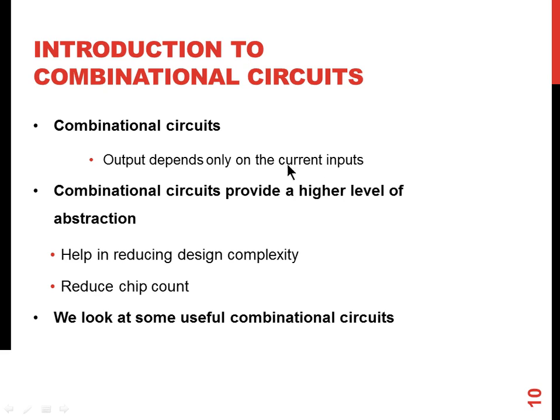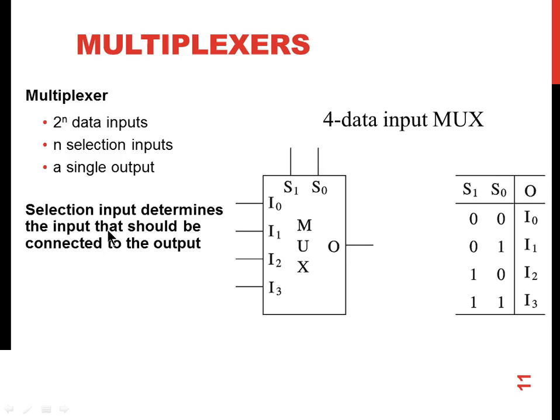The current input generates the current output based on the function of the circuit. It provides a higher level of abstraction compared to transistor design. Gates are one level above CMOS transistor design, and then designing using a language like Verilog is one level of abstraction above gates. So combinational circuits have an advantage over CMOS design.